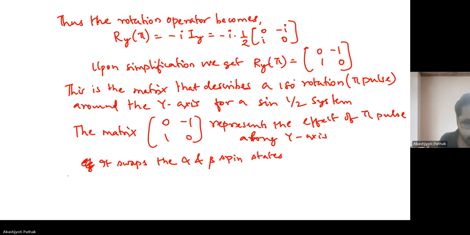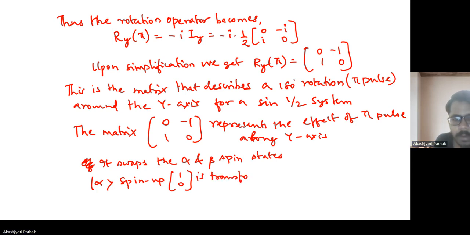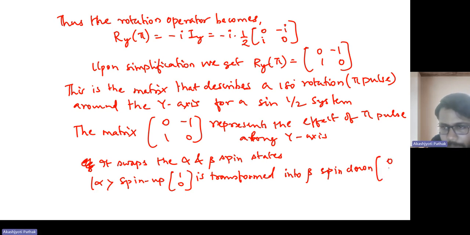So now what will happen? The alpha spin-up state gets transformed into beta, the spin-down state, that is, [1 0] becomes [0 1].